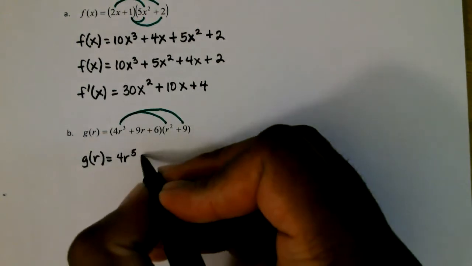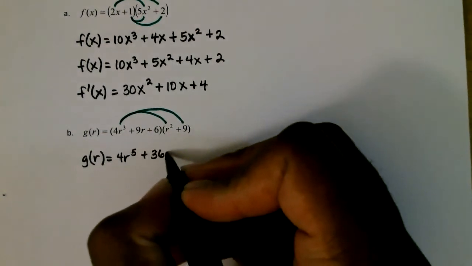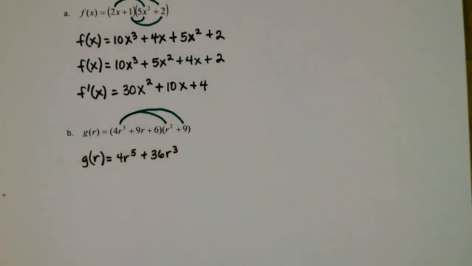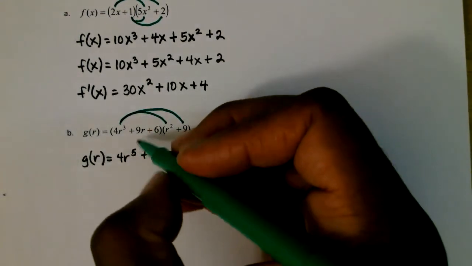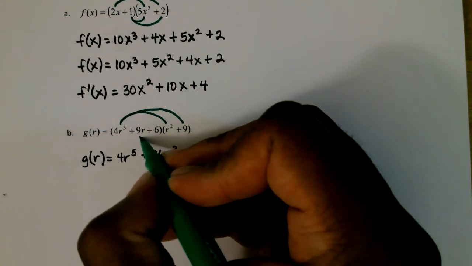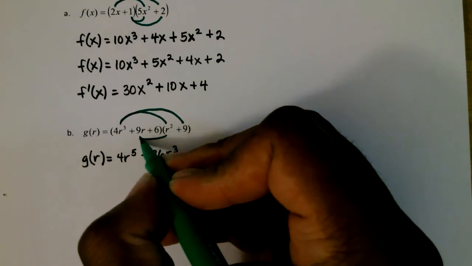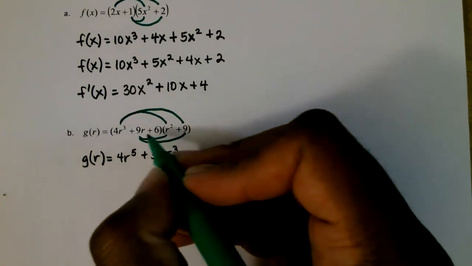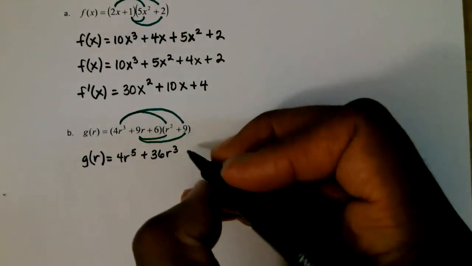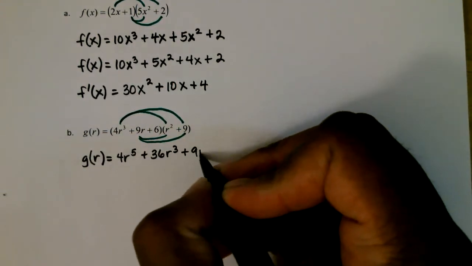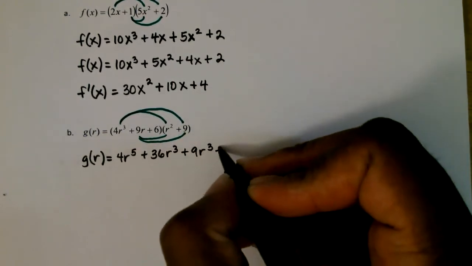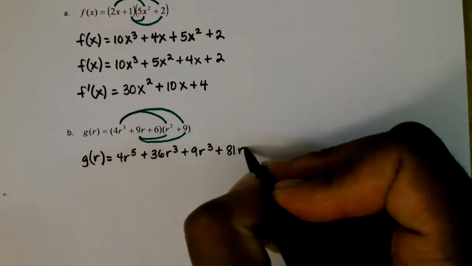Well, 4 times 9 will be 36, and then bring over r cubed, and then we're going to do 9r times r squared and 9r times 9. Well, 9r times r squared will be 9r cubed. And then 9r times the 9 will be plus 81r.